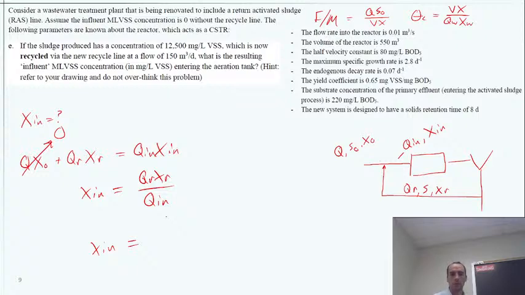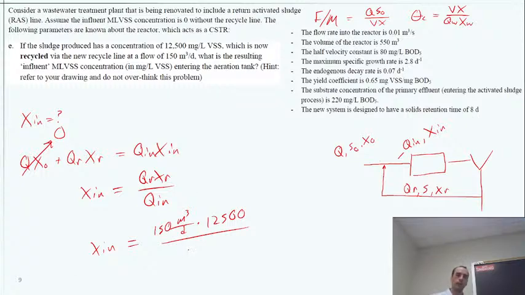QR recycle was, where did that go? 150 cubic meters per day. So it'd be 150 cubic meters per day times XR was 12,500 divided by the Q in. This is 0.01 cubic meters per second.